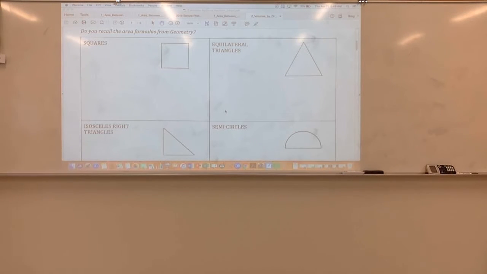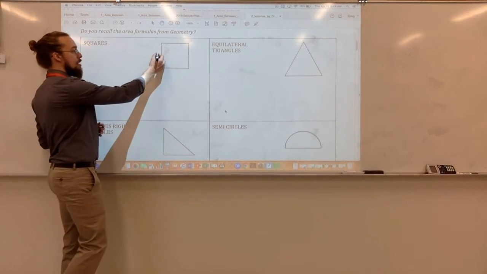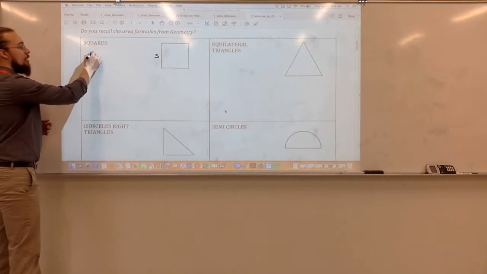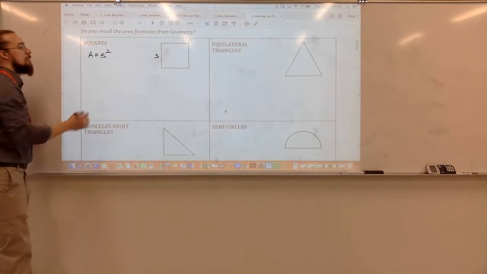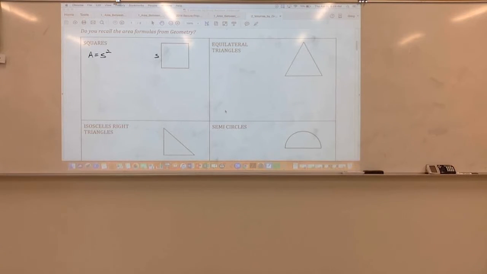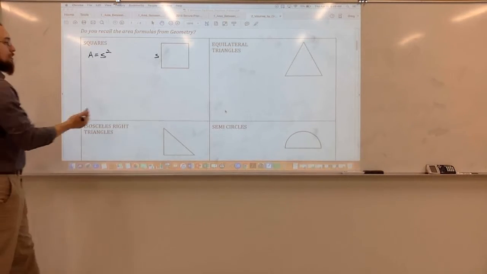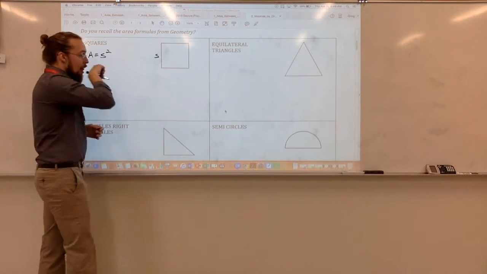So what is the area of a square? Side times side, right, or side squared. Now, rectangles are also fairly common that show up on something like this.